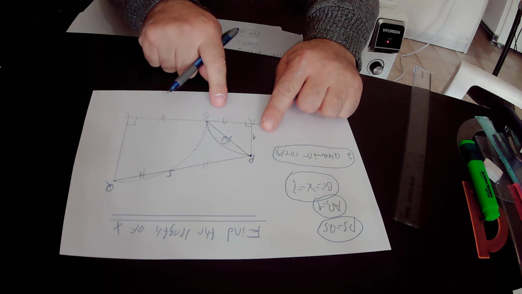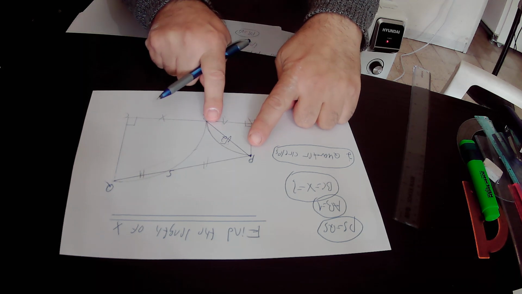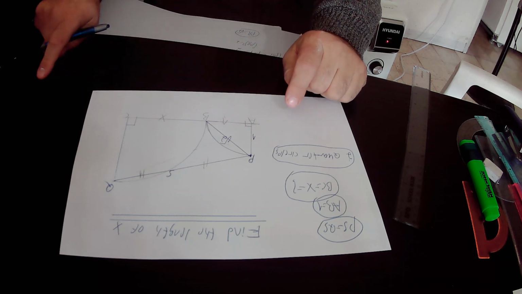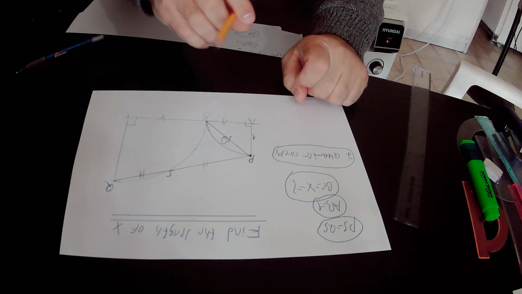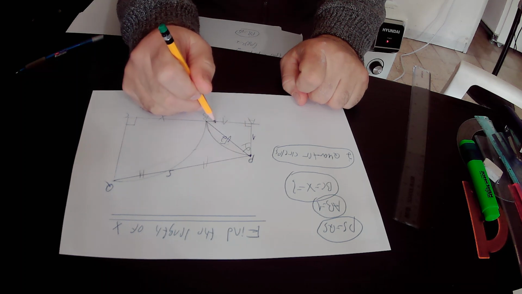So opposite those two equal sides in the right triangle PAB, there must be equal angles. So if we define this angle as alpha, then the other angle must also equal alpha according to the rule that I mentioned.